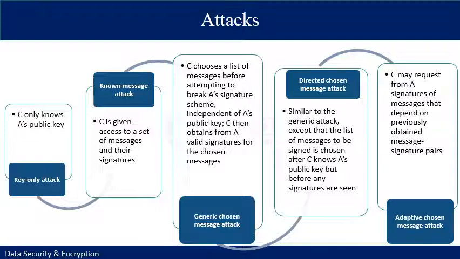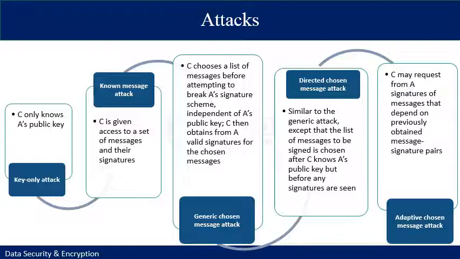The second type of attack is the known message attack, in which the attacker chooses a list of messages before attempting to break A's signature scheme, independent of A's public key. The attacker C then obtains A's valid signatures for the chosen messages.